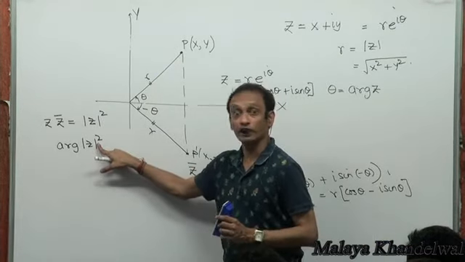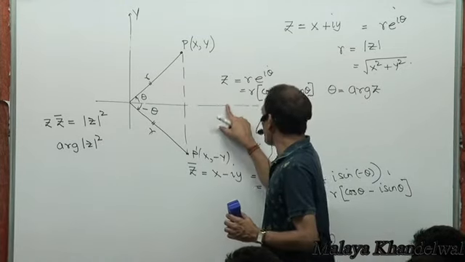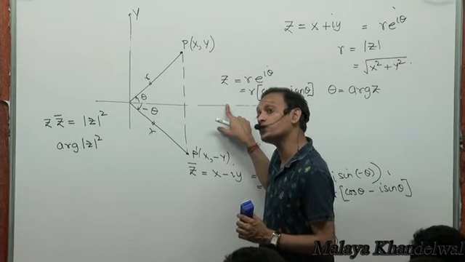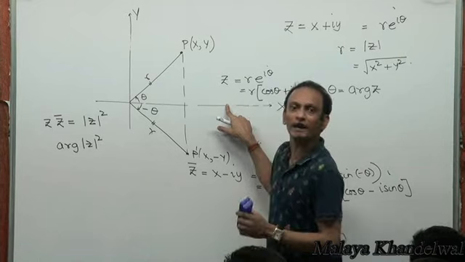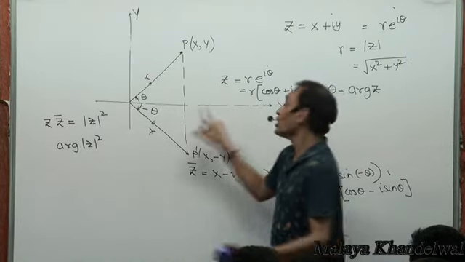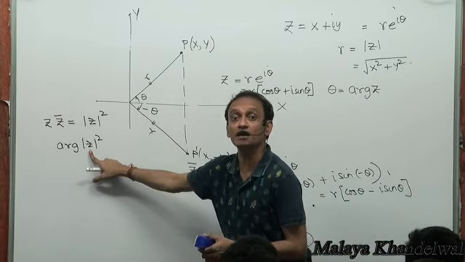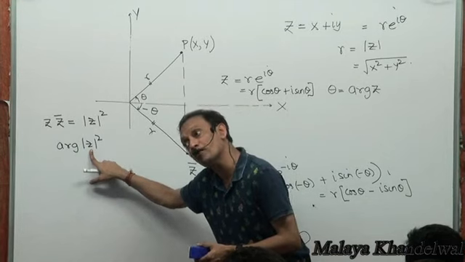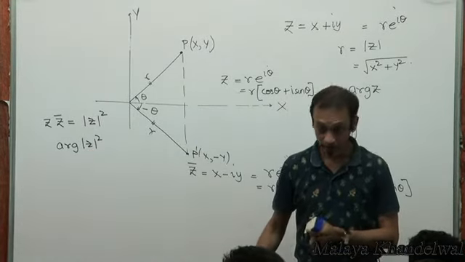This is the square of a real number. That means it's a positive real number, and therefore mod z square will lie somewhere here, a positive real number, and therefore what would its argument be? 0, plus minus 2 pi, plus minus 4 pi, and so on and so forth. So as long as mod z is not 0, the argument of a positive real number will always be an even multiple of pi. That would be the argument of mod z squared. Yes or no, right?